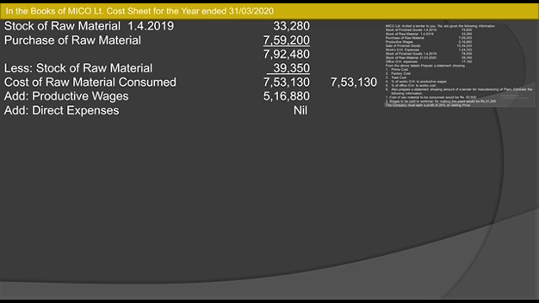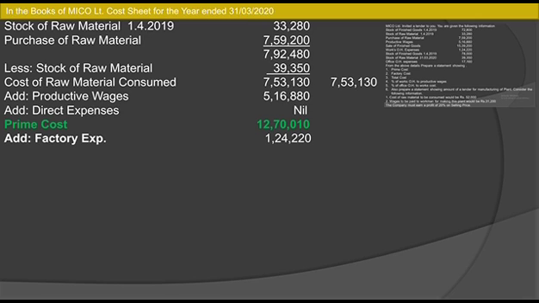Therefore we have considered it as nil, and the total of material consumed and the direct wages will be considered as prime cost. Hence the prime cost is 12,70,010 rupees. To the prime cost we are supposed to add the factory overheads.